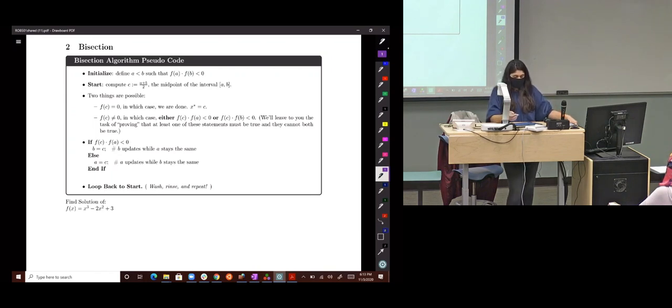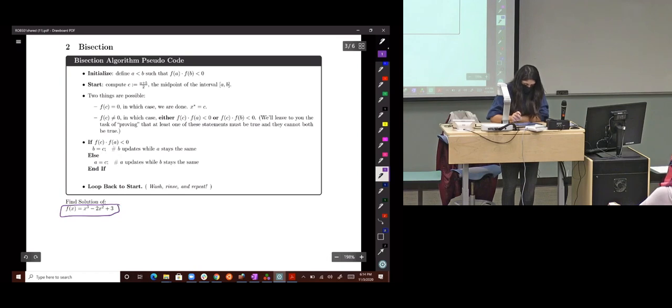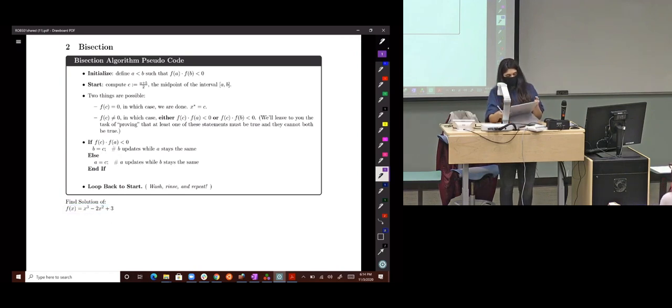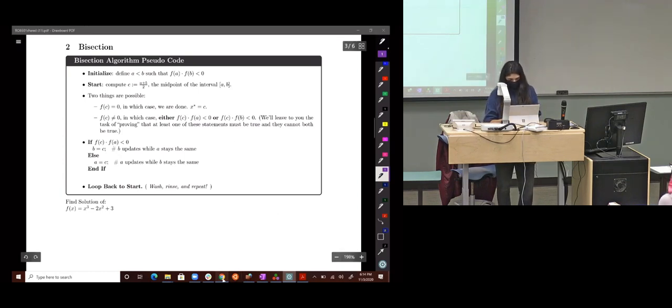The pseudocode for bisection is just that if you're given a function, so let's take this example problem. F of x is x cubed minus 2x squared plus 3. Now we may be able to find roots for it analytically, but let's see what the function looks like by plotting it in Julia.